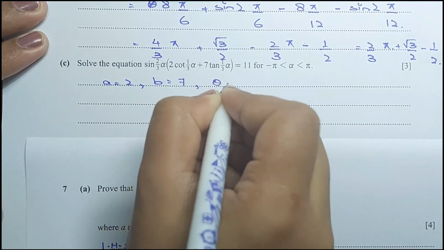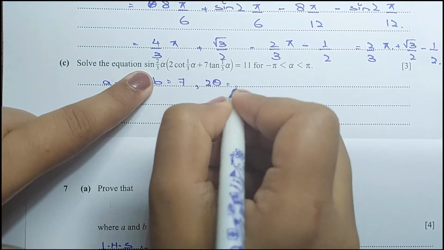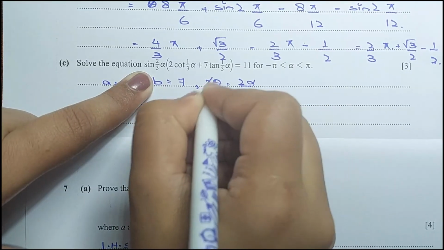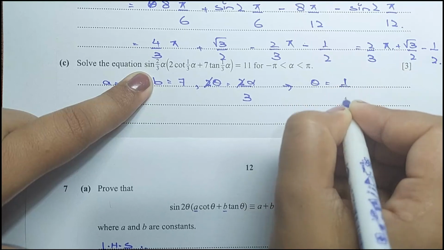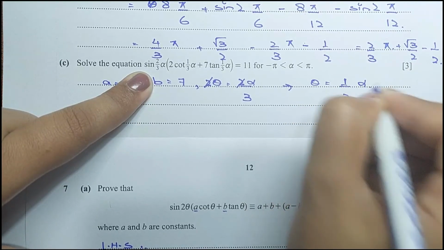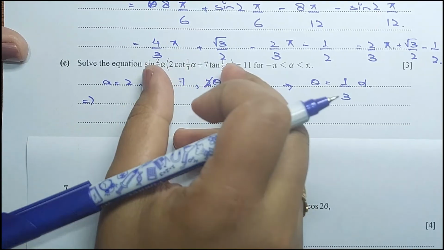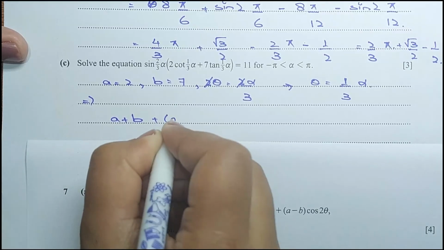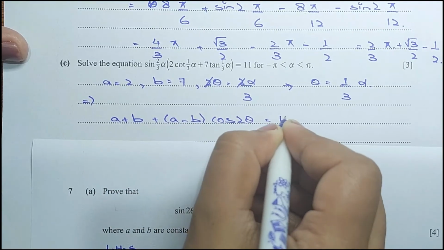And what is my theta? We have 2 theta, which is basically 2 alpha over 3. So we can cancel this out, and we get that theta is 1 by 3 alpha. Replace this. So we can say this whole term would be equal to a plus b plus a minus b cos 2 theta, and that is equal to 11.